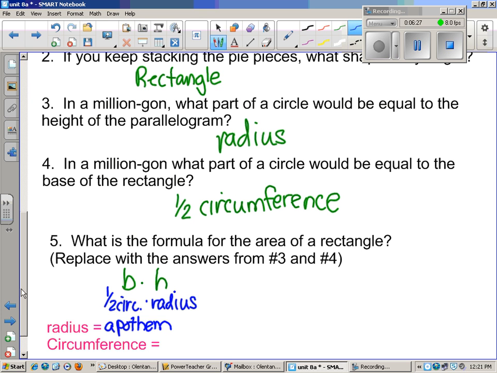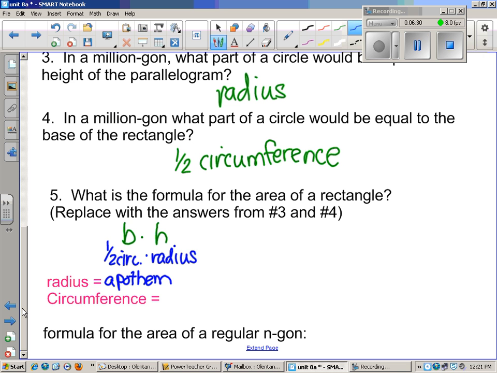All right, and the circumference is for circles. What do we call it for any other polygon? Perimeter, right?